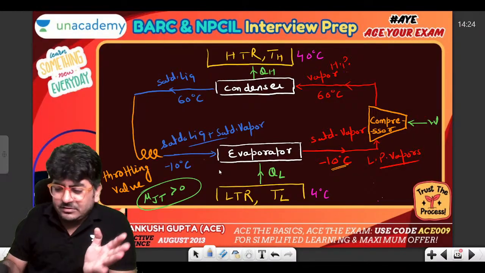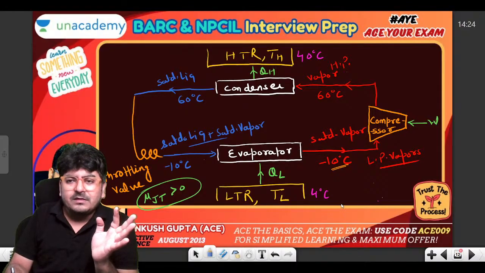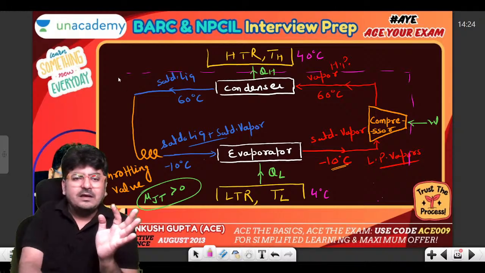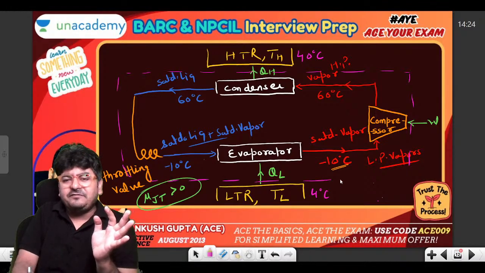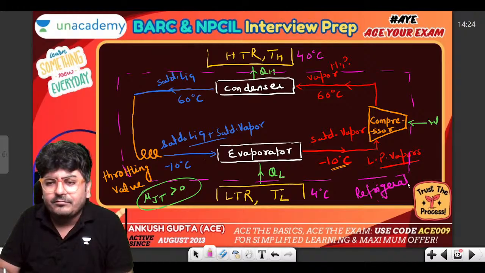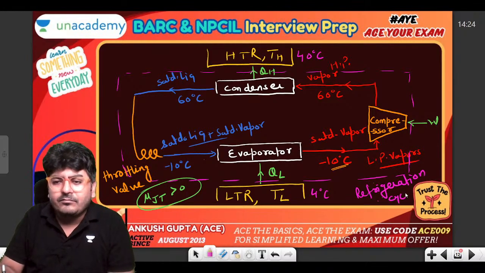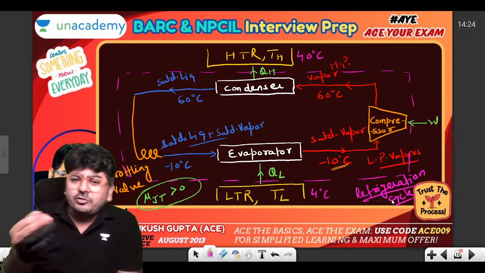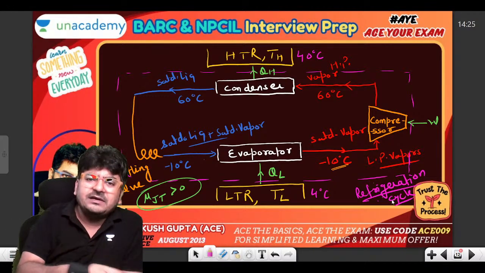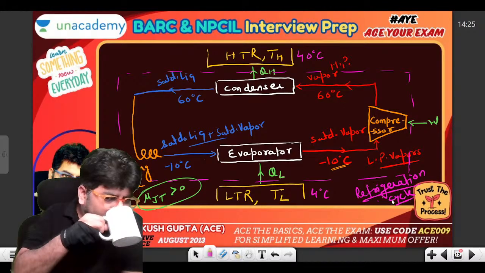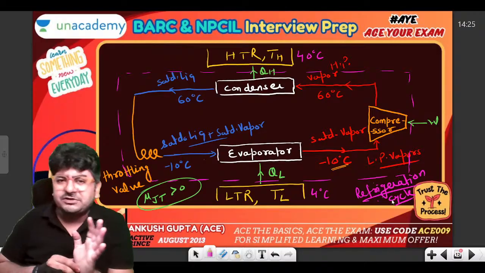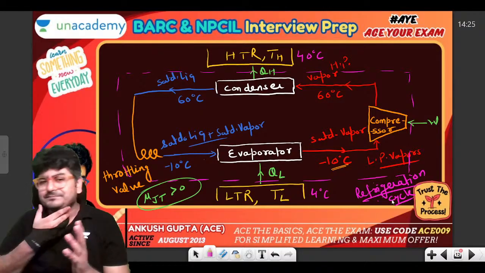So this whole system is what we call the refrigeration cycle, and these are the four components of the refrigeration cycle. This is what you have studied in thermodynamics, and this is the refrigeration cycle we use in an air conditioner also. I hope it is clear what the refrigeration cycle is and how it happens.